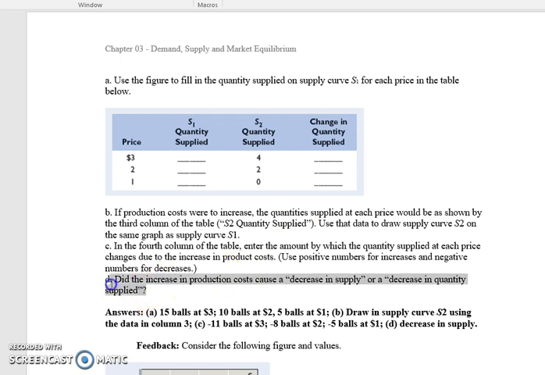Now, did the increase in production cost cause a decrease in supply or a decrease in quantity supplied? They are saying that supply decreased from S1 to S2 because of an increase in production cost. Remember we discussed in class, cost of production is one of the non-price determinants of supply.